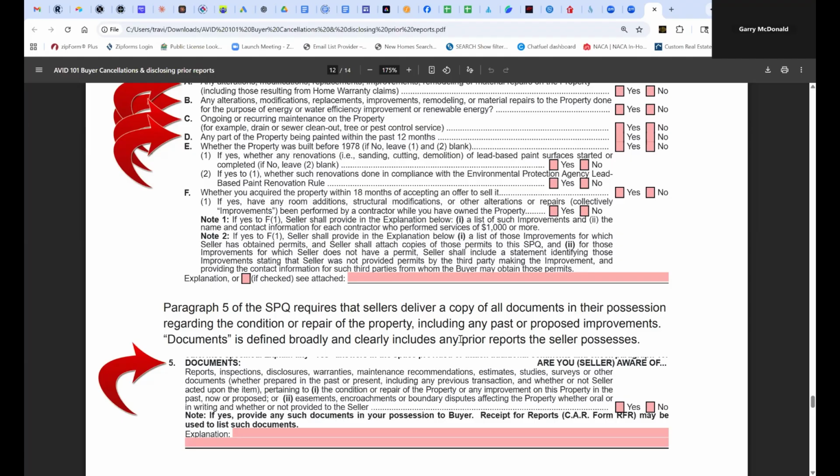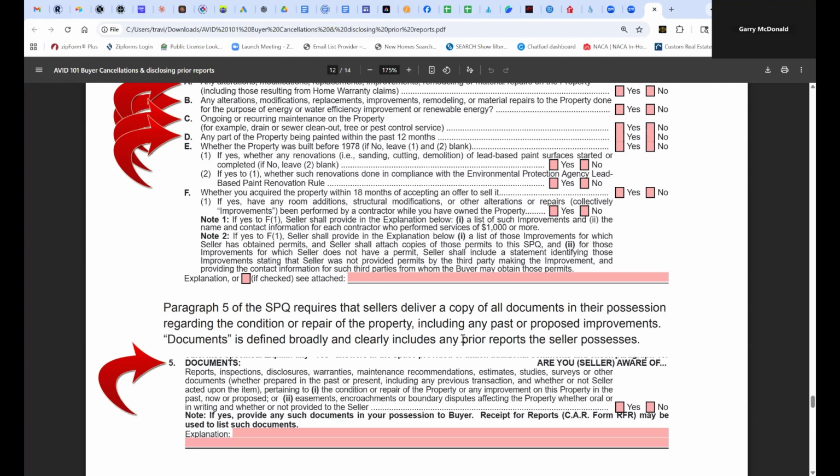All that stuff would need to be turned over to the new buyer. So documents is defined broadly and clearly and includes any prior reports the seller possesses.